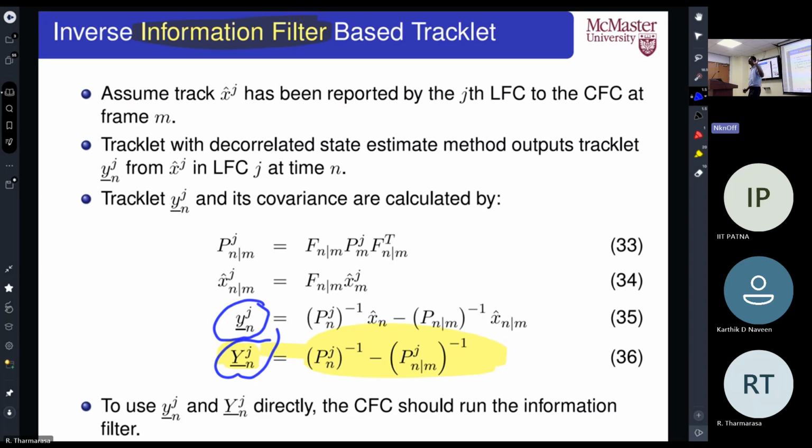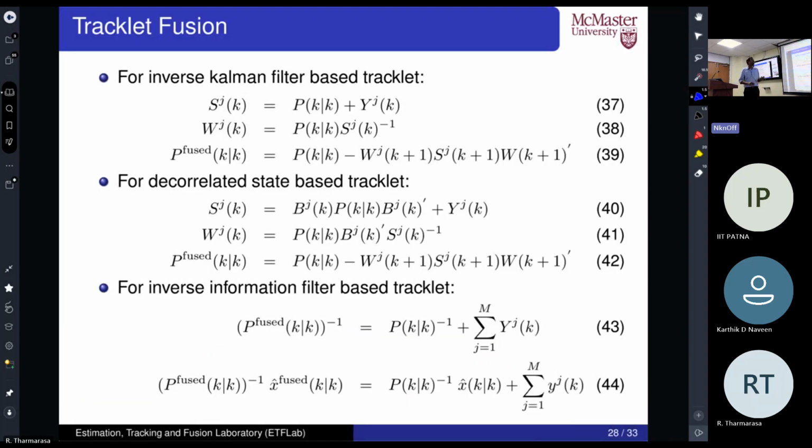Okay, so we talked about three approaches. After this, what we do is once we get the tracklet, you can treat this as hx plus omega. Okay.